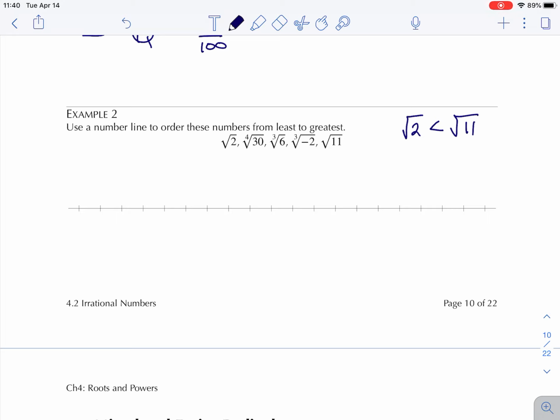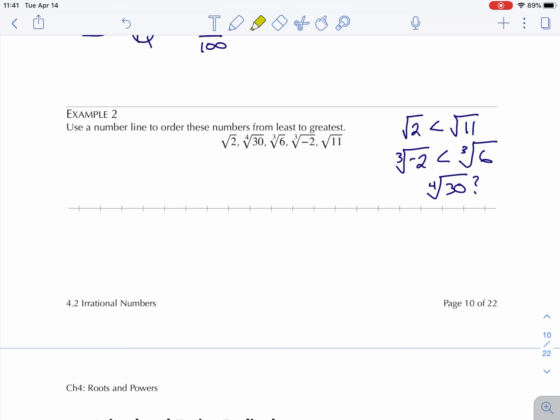That's easy to compare because they have the same index. Likewise, the cube root of negative 2 is definitely less than the cube root of 6. That's easy to compare as well. But what about the fourth root of 30? Well, that's much more difficult to compare with the rest of these.